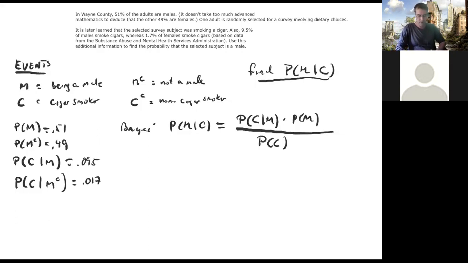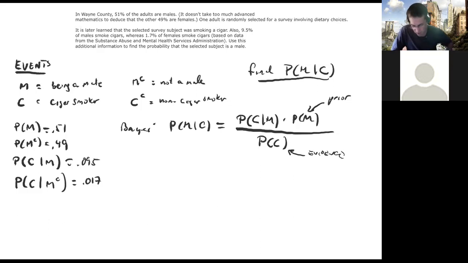Now I want to point out that the prior is being male, and the evidence or the hypothesis is the probability of being a cigar smoker in all of this.